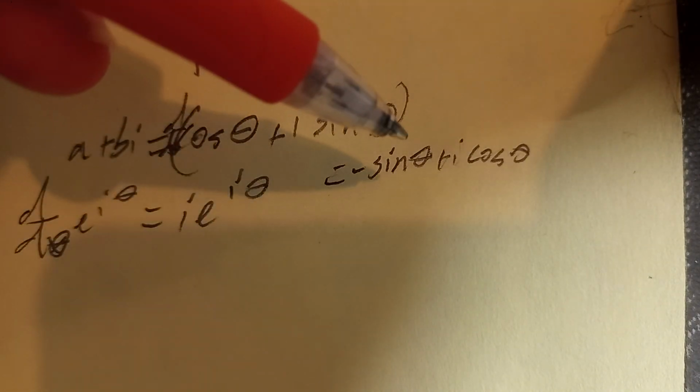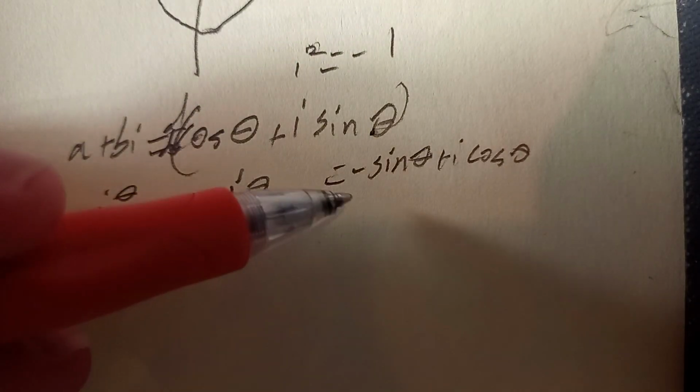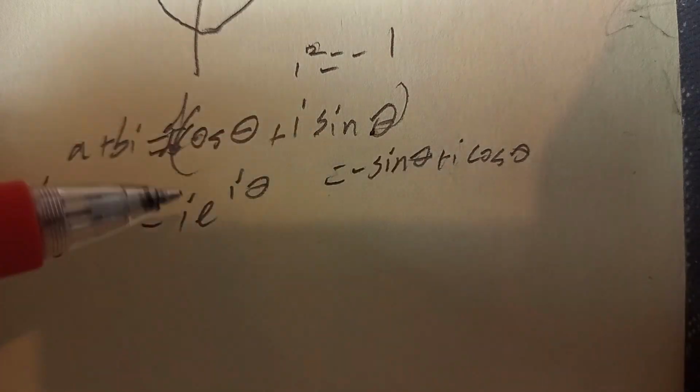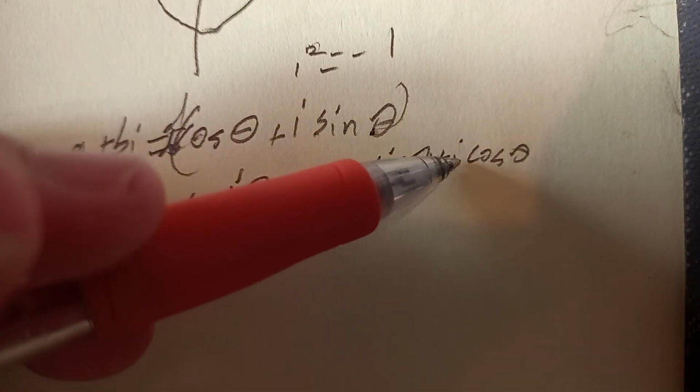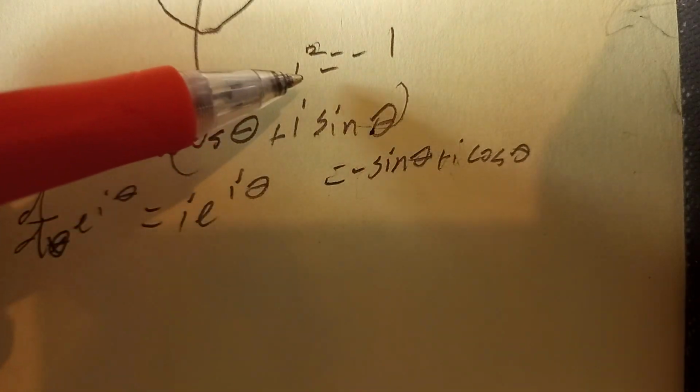So we just add i cosine theta. This looks really similar. Just remember the fact that i squared is equal to negative 1. It's as if we just multiplied an i on that, and on cosine, we just add an i. This is multiplied by i times i, which is negative 1.